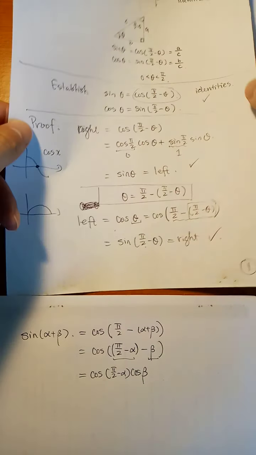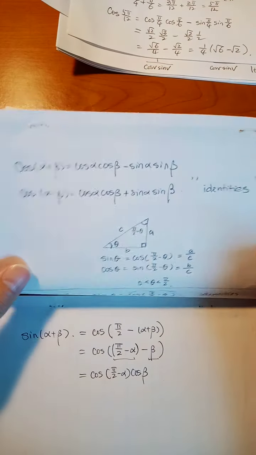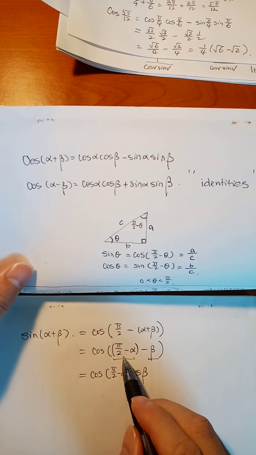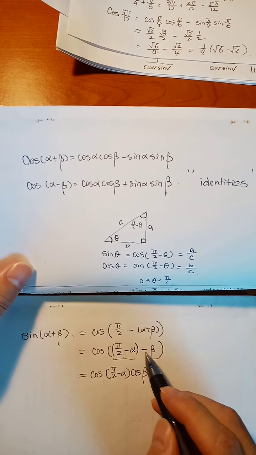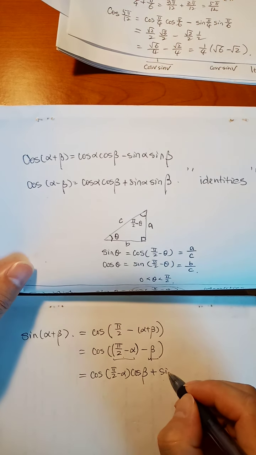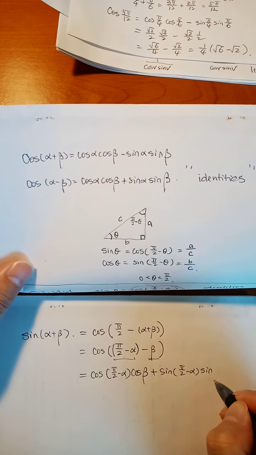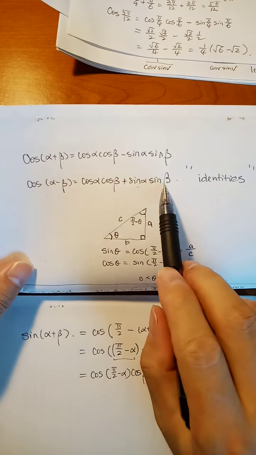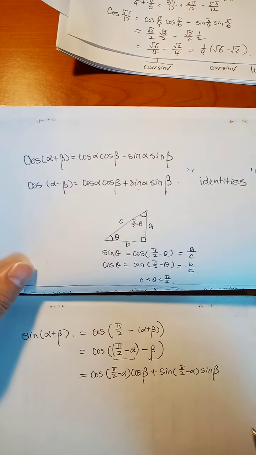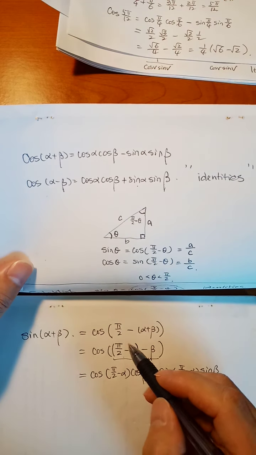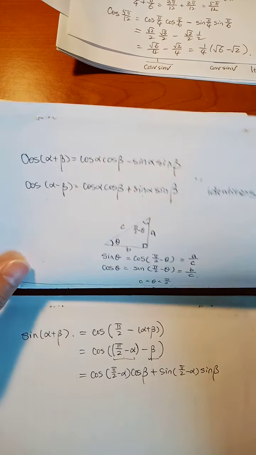Check here, the difference: you get cosine of the first angle, cosine of the second angle, plus sine of pi over 2 minus alpha, sine beta. See? Sine first angle, sine second angle. Right?